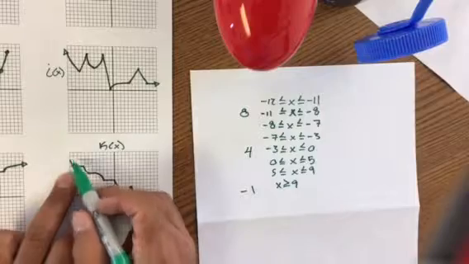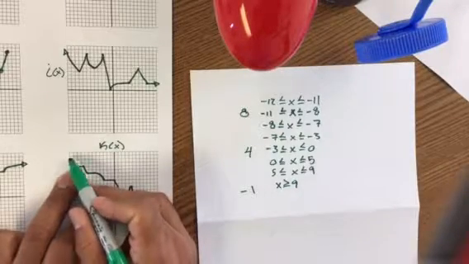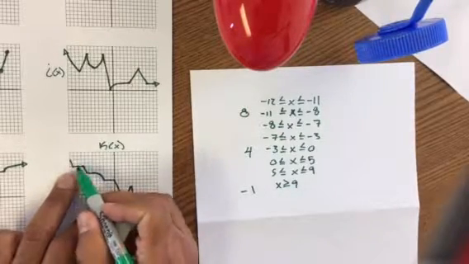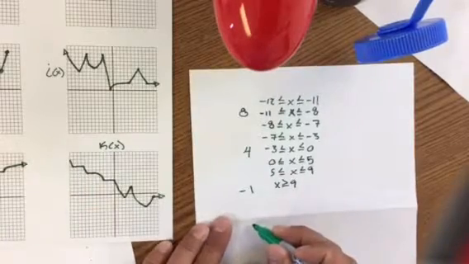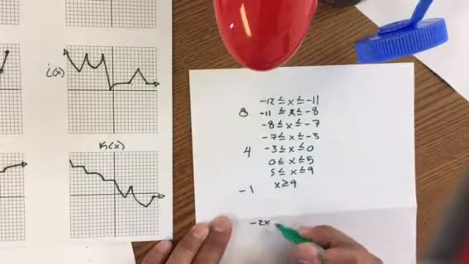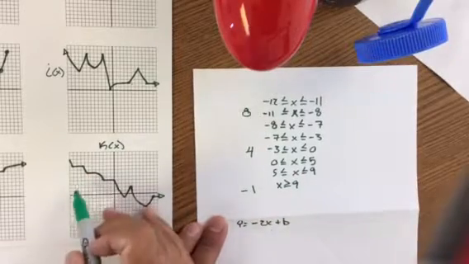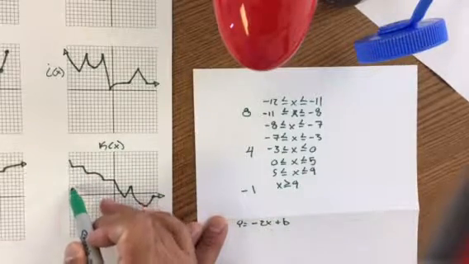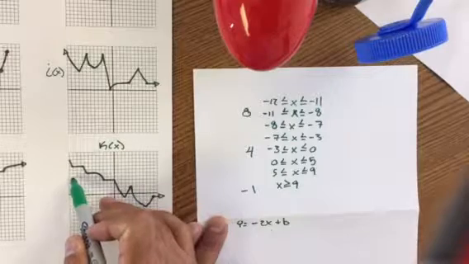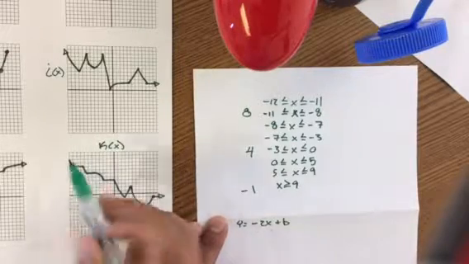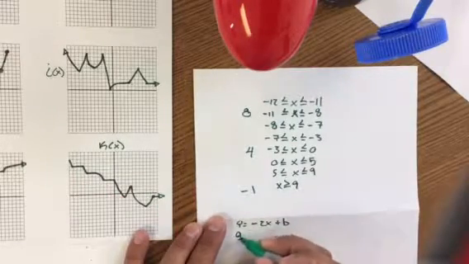This linear right here, he looks like he has a slope of -2. He goes down 2 and to the right 1. So slope of -2, I don't know what b is, but I do know that he goes through the point -11, 8.